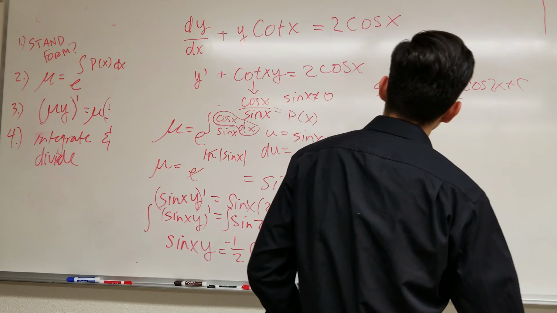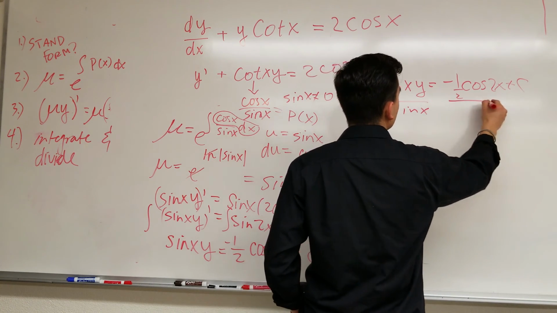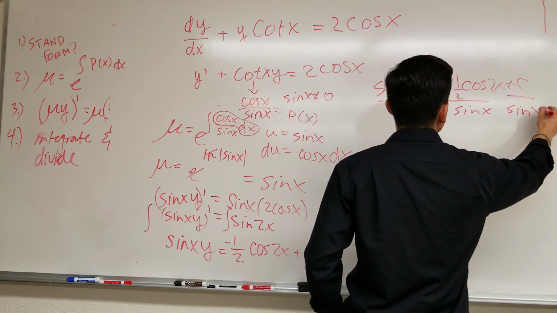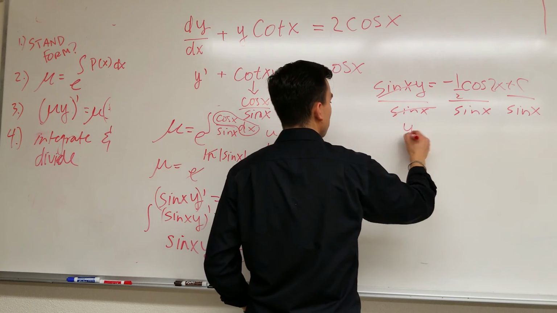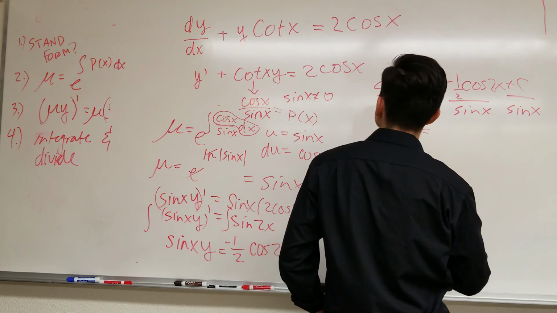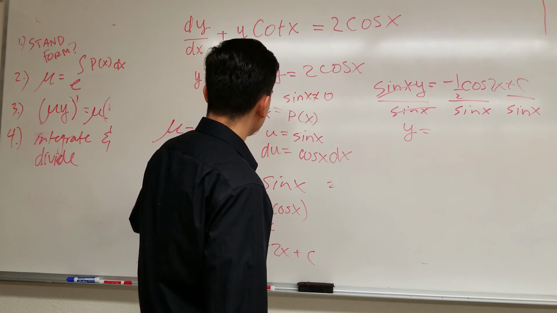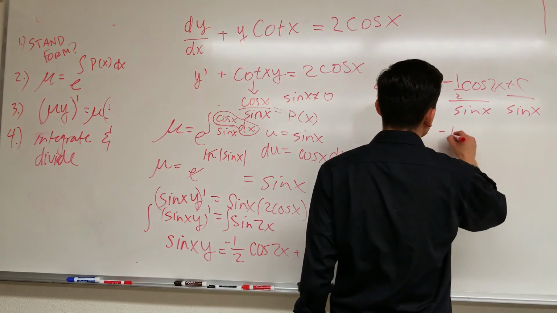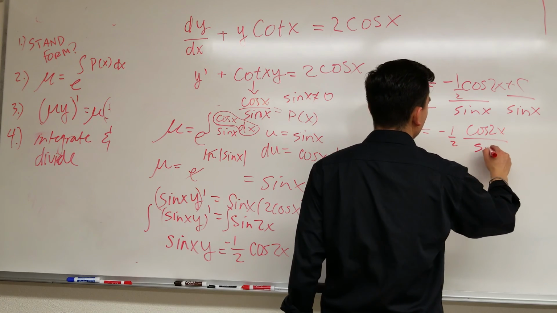Okay, well, let's divide sine x to both sides. Perfect. Those are going to cancel out. We get y is equal to negative 1/2 cosine 2x over sine of x.